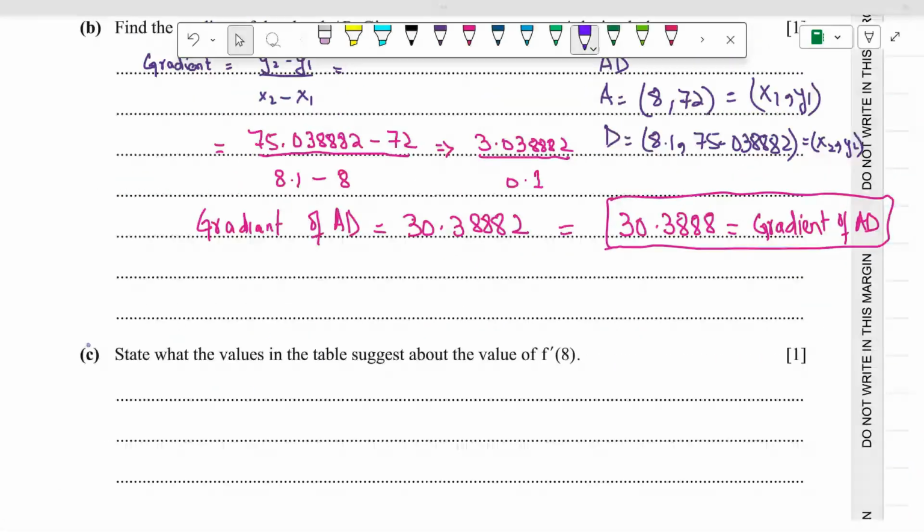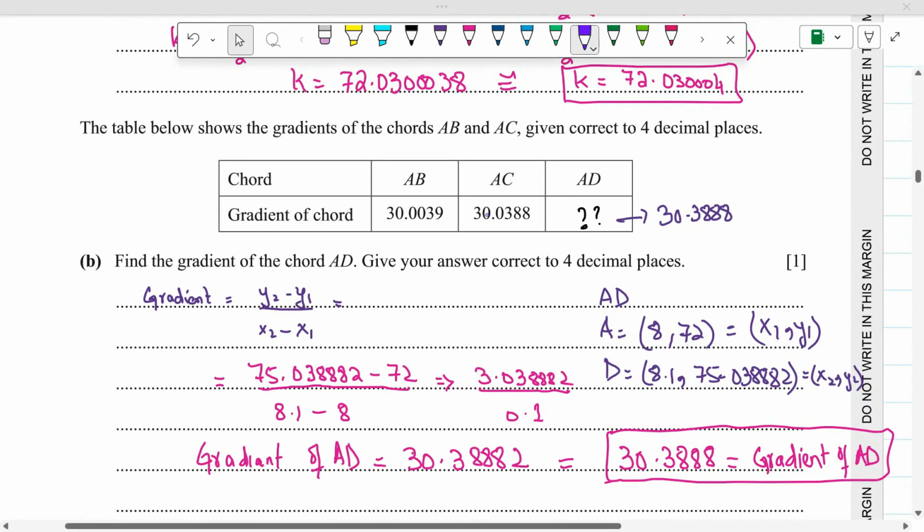Okay, part C: state what the values in the table suggest about the value of f dash of 8. We have the table; this value shows the gradient of chord AB, this one is the gradient of chord AC, and we just calculated the gradient of chord AD.